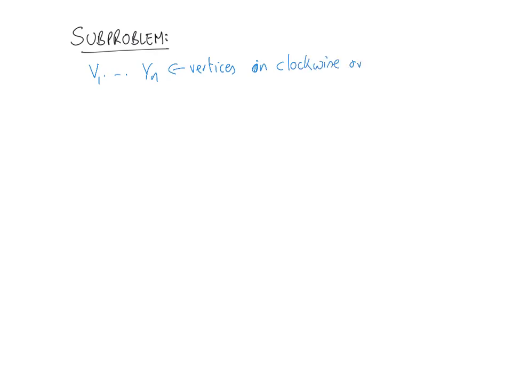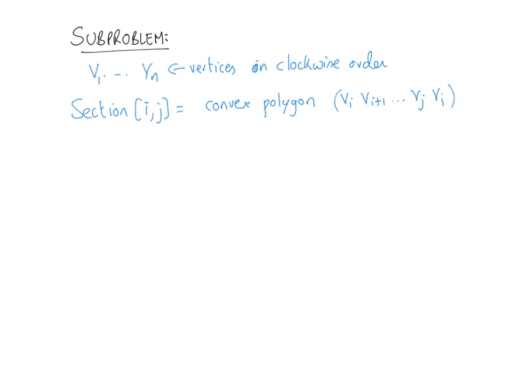And we can define the section of i to j to be the convex polygon formed by just walking from the vertex vi to vj and then jumping back to vi. So basically it's the convex polygon formed by vi plus 1 up to vj and then vi. So it's a sub-polygon of the original polygon.